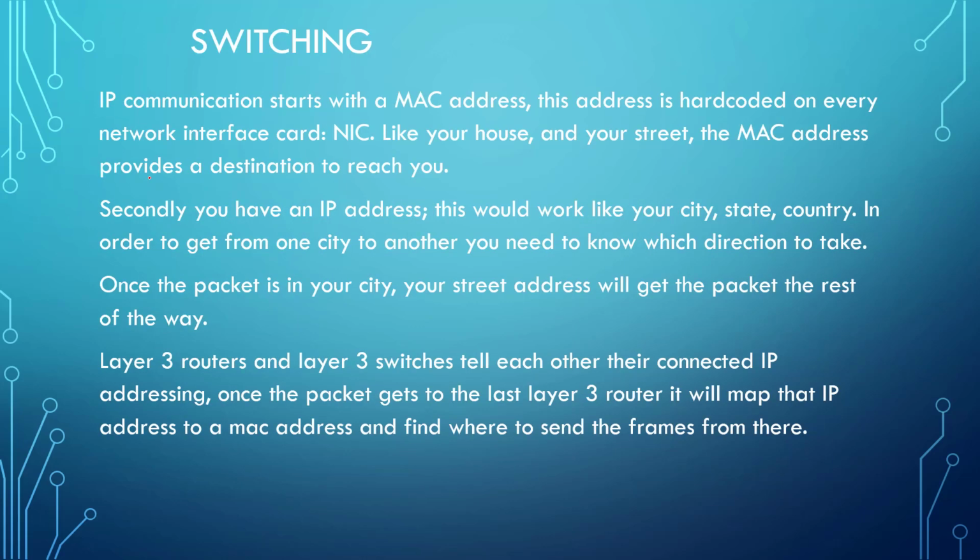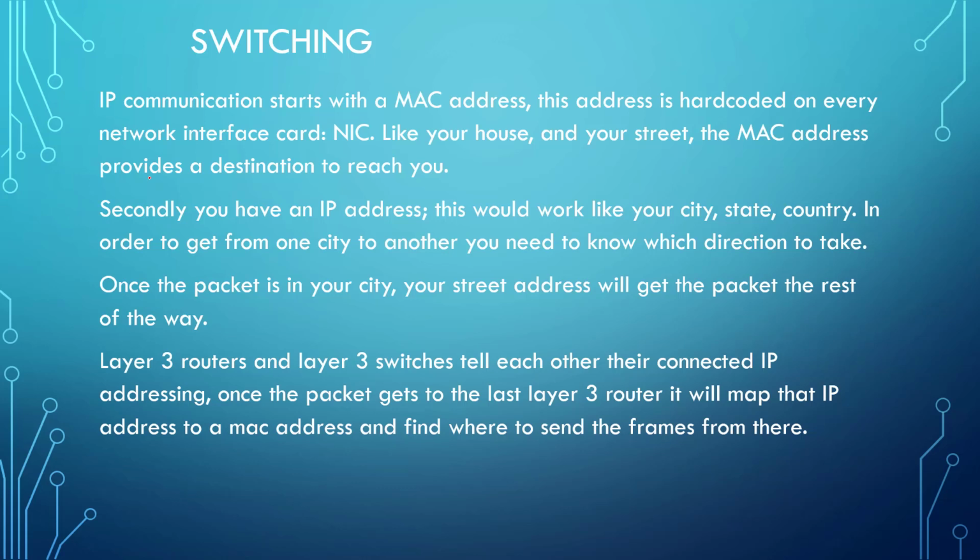Switching. IP communication starts with a MAC address. This address is hard-coded on every network interface card or NIC. Like your house and your street, the MAC address provides a destination to reach you. Secondly, you have an IP address. This would work more like a city, state, and country. In order to get from one city to another, you kind of need to know what direction to take, which roads to take to get there.